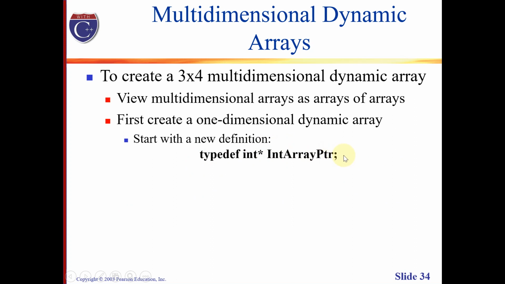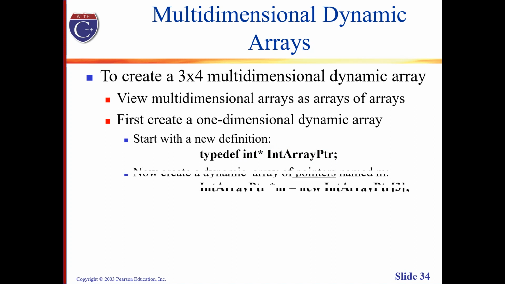First, we need to create our own type definition, which is a pointer variable of integers. Then, we create a dynamic array of pointers named as such. In this case, we would like to create a pointer array of three elements.